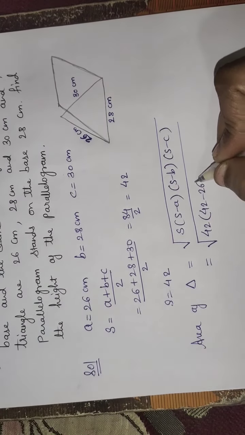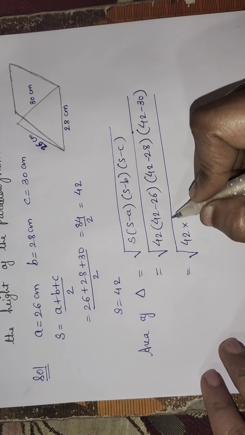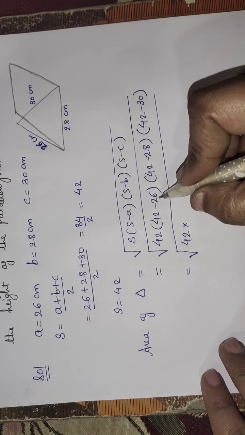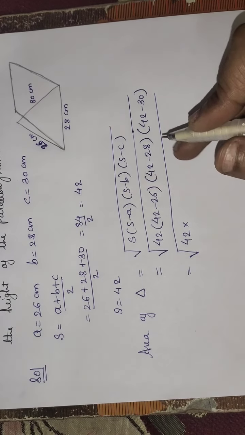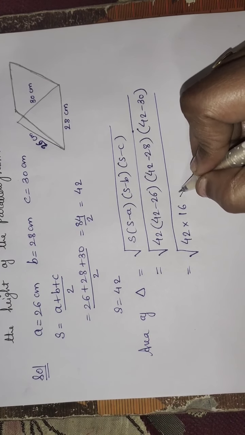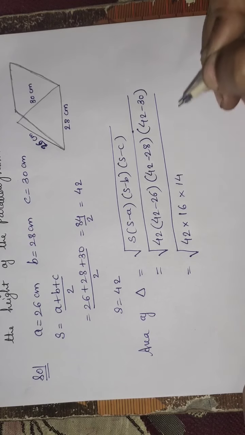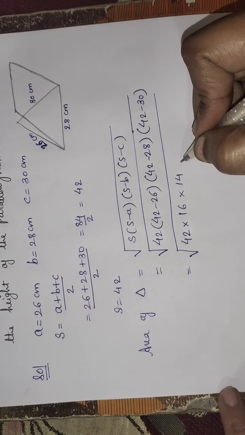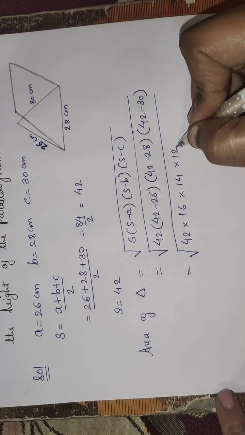Subtract the values: 42 multiply 16, 14, and 12.